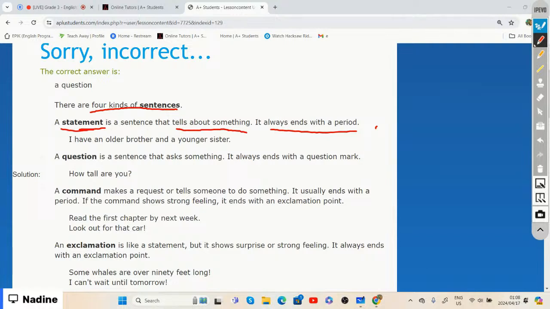So a statement tells us something and it ends with a period.